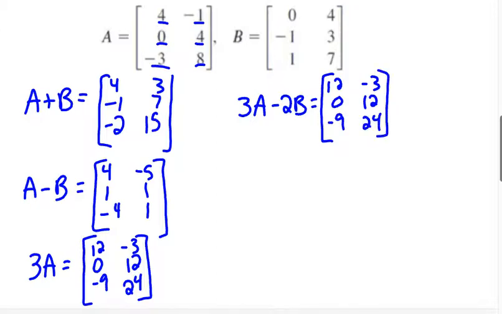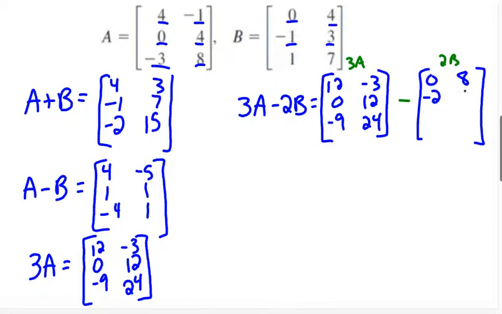Okay, that's 3A right here. Now I'm also going to find 2B and then I'm going to subtract these two things. So I'm going to multiply everything in matrix B by 2. So I get 0, 8, -2, 6, 2, and 14.